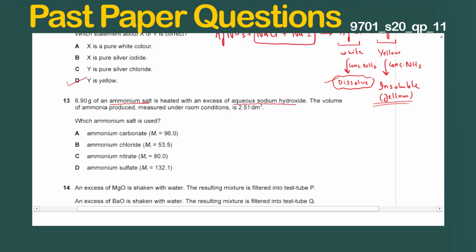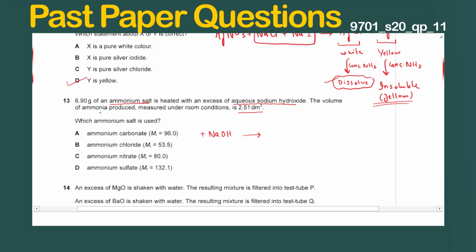Now have a look at question number 13. 6.9 grams of ammonium salt is heated with aqueous sodium hydroxide. The volume of ammonia produced measured under room temperature is 2.51 decimeter cube. These are the options for which ammonium salt is used: ammonium carbonate, ammonium chloride, ammonium nitrate and ammonium sulfate.